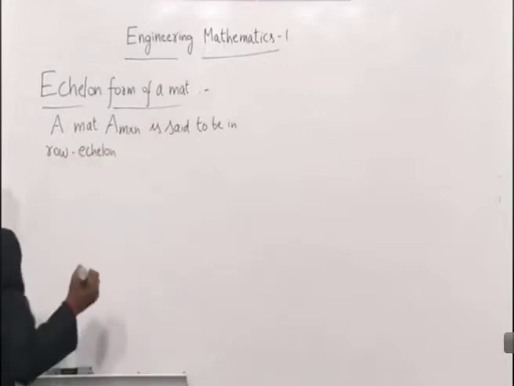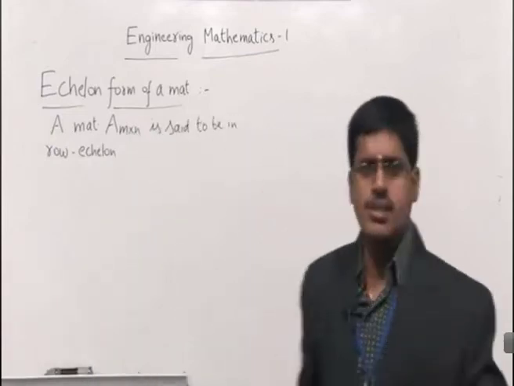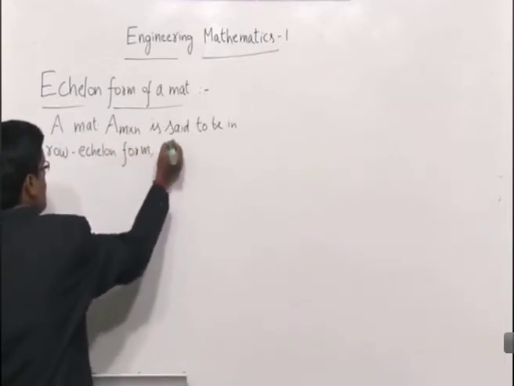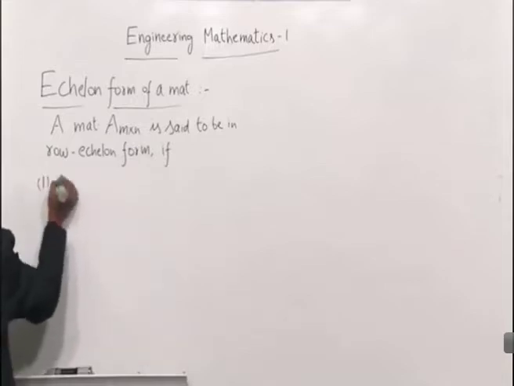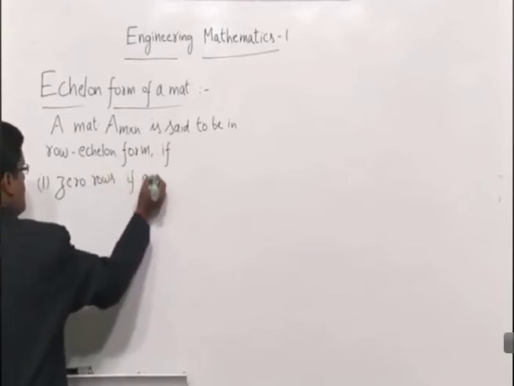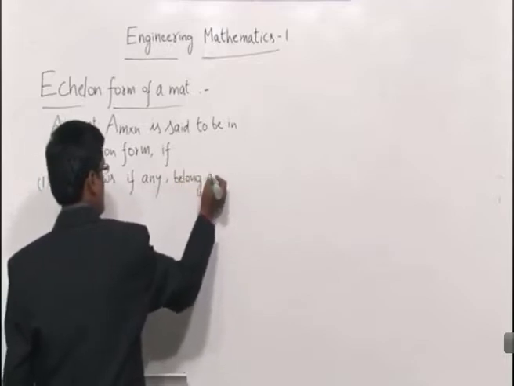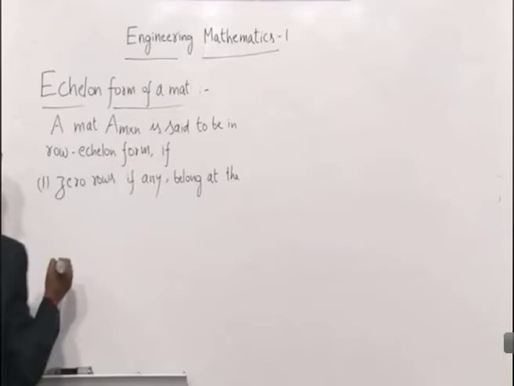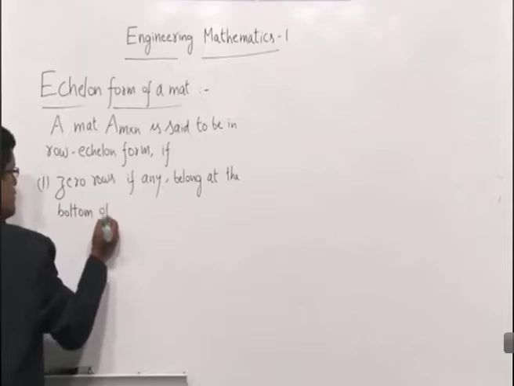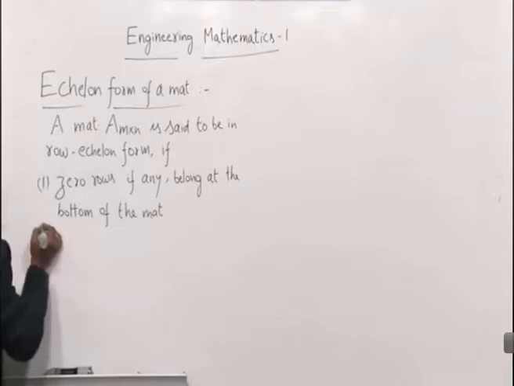There are 2 types, row echelon and column echelon form, but in problems no importance is given to column echelon form, because it is just the transpose of the row echelon form. Row transpose is column. Here also there are 2 conditions. 1, zero rows, if any, belong at the bottom of the matrix, the last of the matrix.